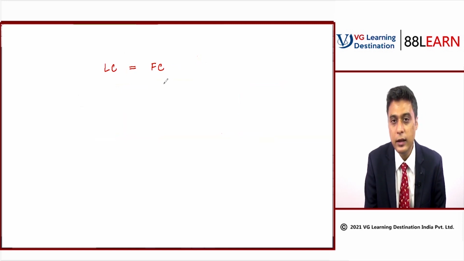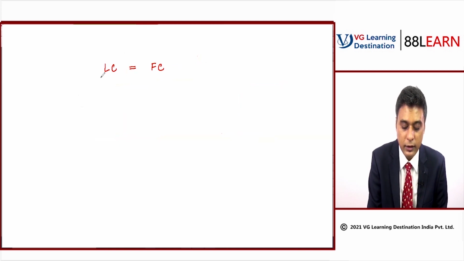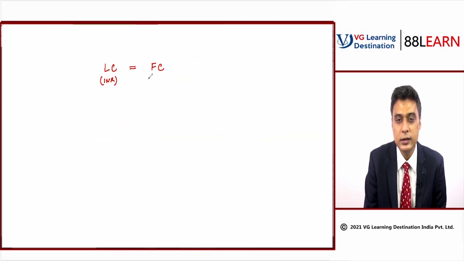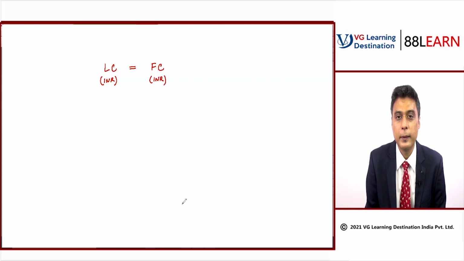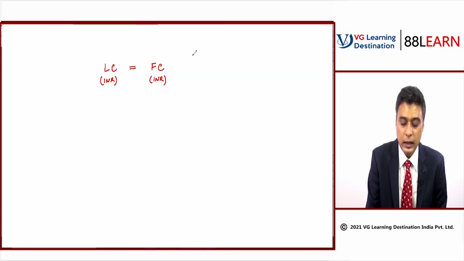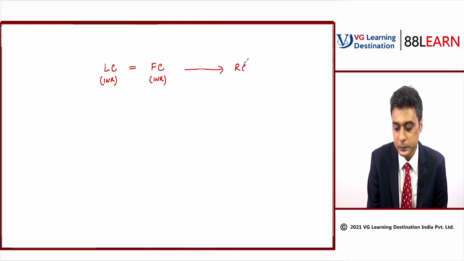So in the case of India, local currency is also INR, and INR is also the currency of the primary economic environment in which this Indian subsidiary operates, right? Therefore, the functional currency is also INR. And then we have to convert that into the reporting currency.